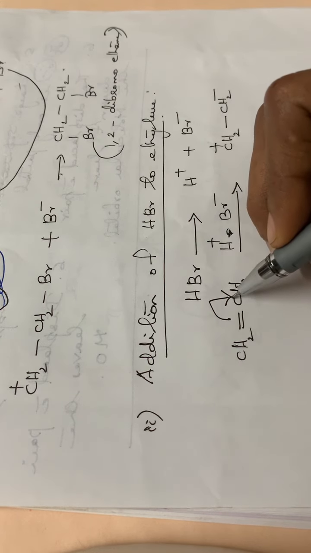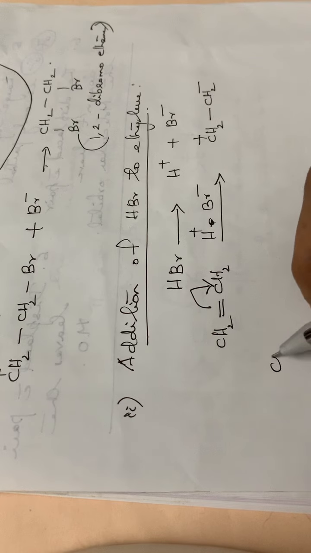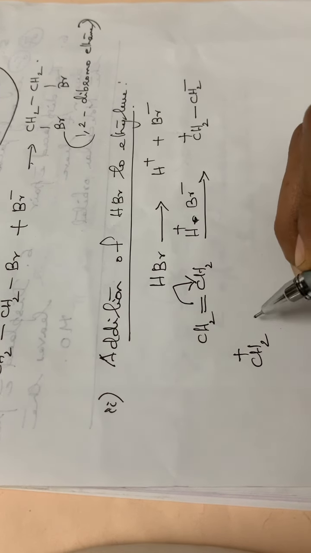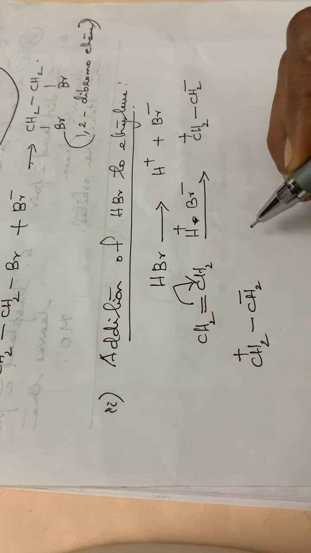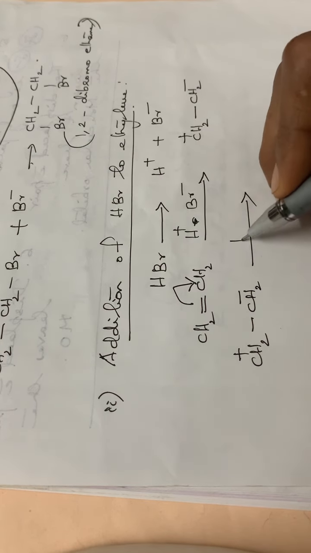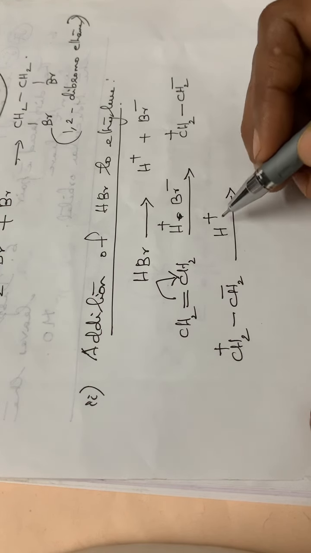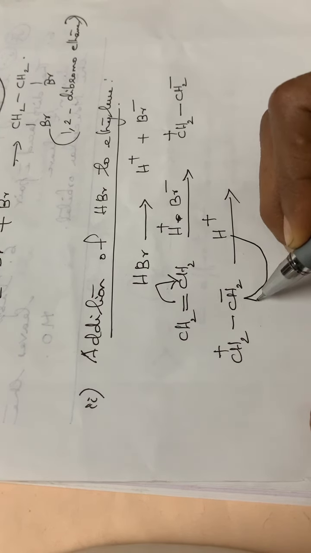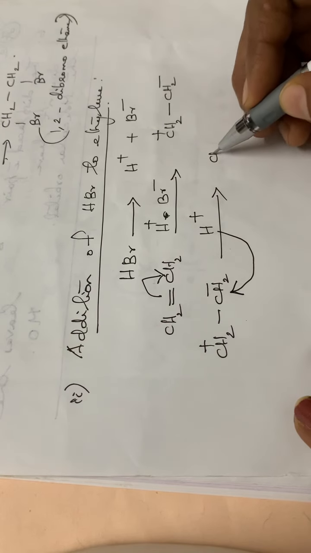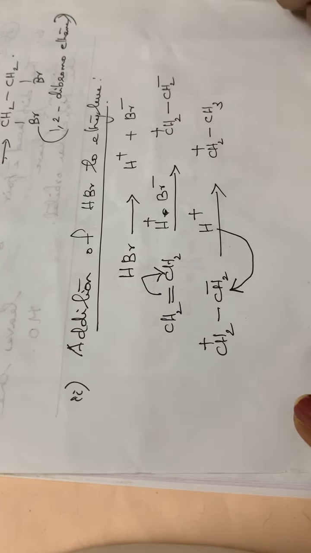Then H plus will be added in the first step. H plus will be going to the negatively charged carbon. So we will be having CH2 plus single bond CH3, right?